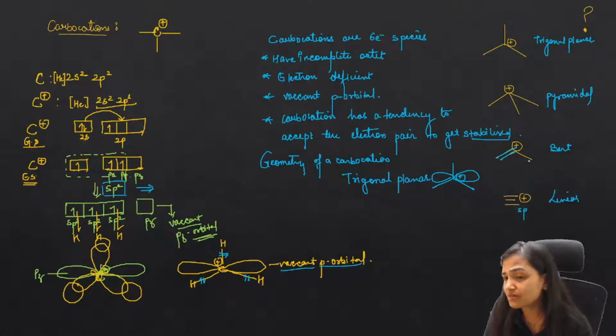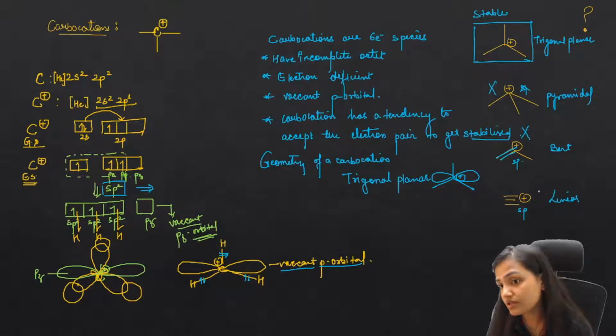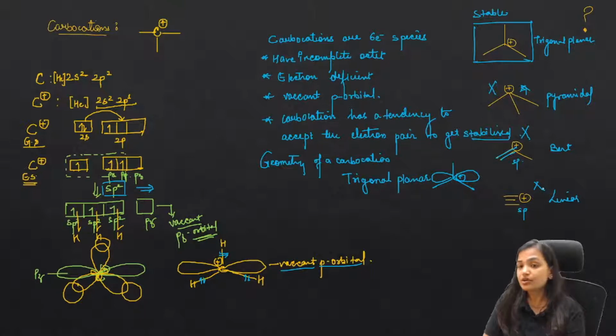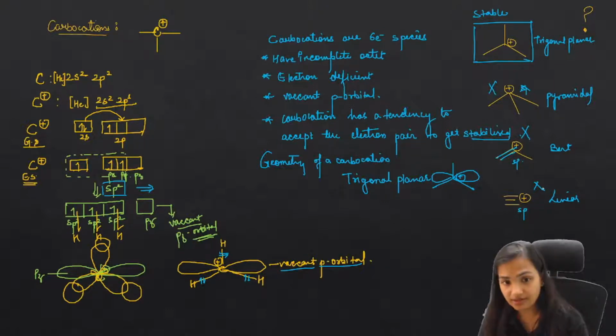This other one is also bent shaped. We cannot say this is sp2, because for sp2 the geometry has to be trigonal planar, which this is not. So only this is the stable carbocation, the rest are not. Out of all 4 geometries, only the carbocation with trigonal planar geometry is the most stable. Is it clear?